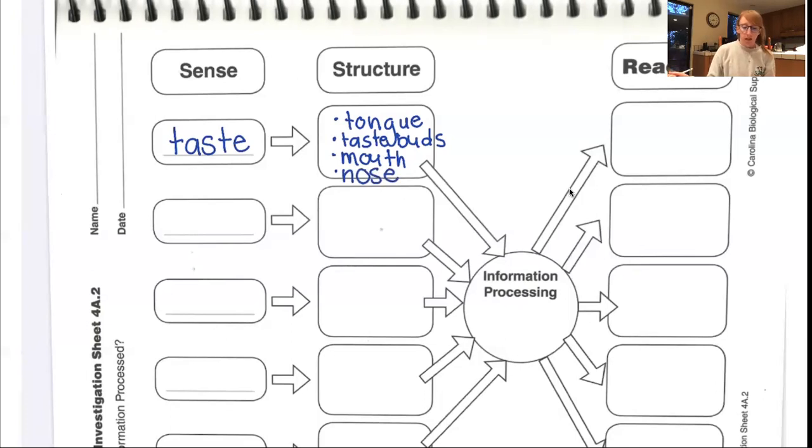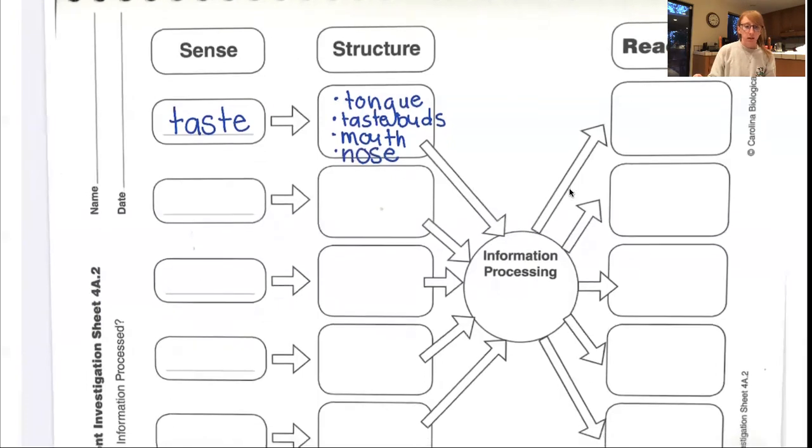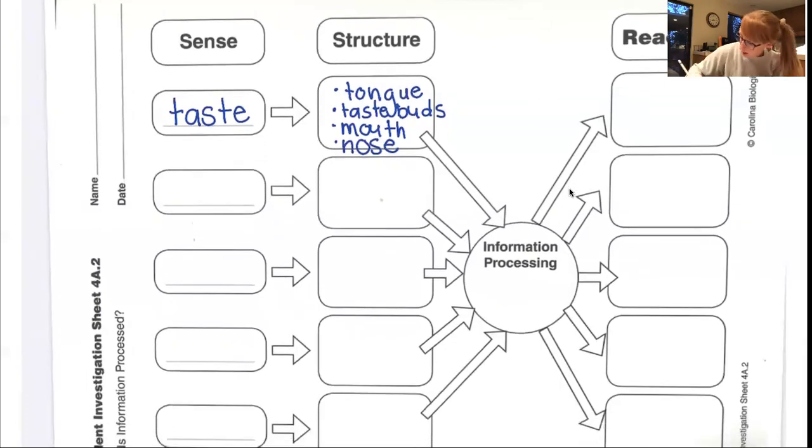Okay. Next, the next sense that we're going to talk about is our touch. We have touch, right? Feeling things that we can feel. So our skin processes that information, skin.